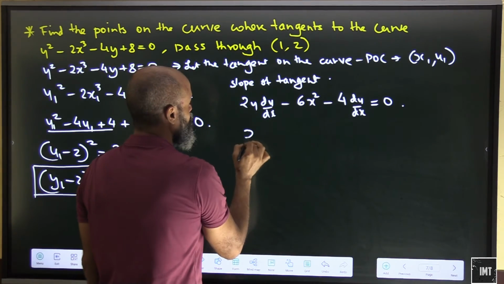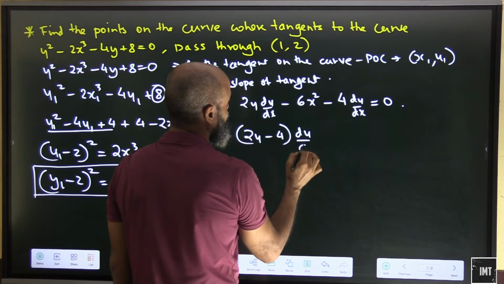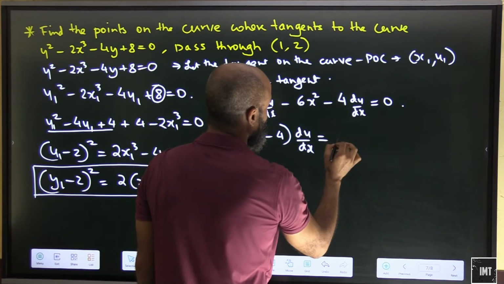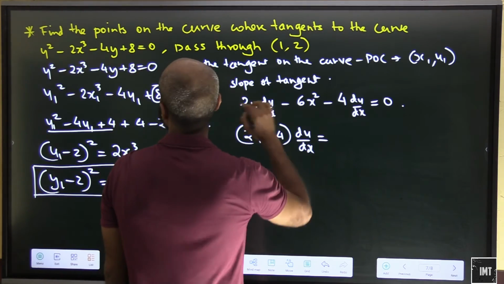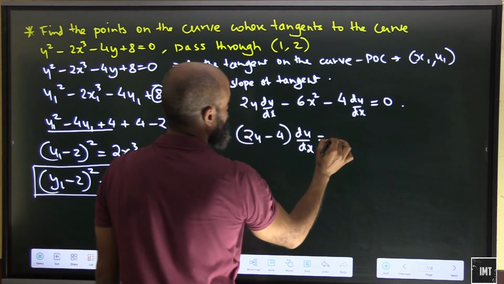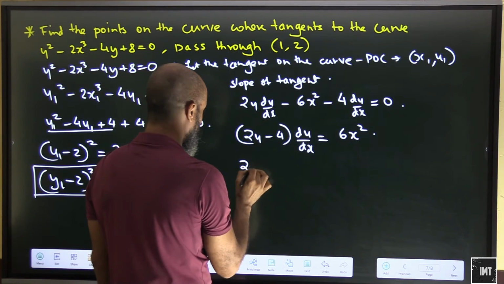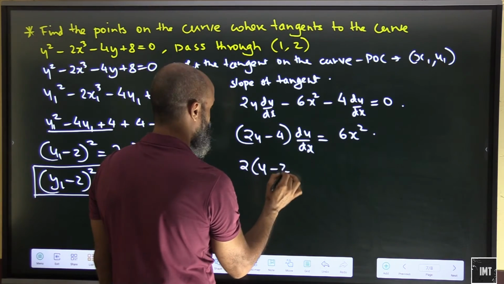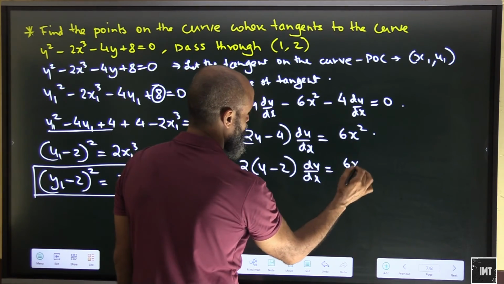So we can say 2y minus 4 dy by dx is equal to 6x square. So we have 2 into y minus 2 dy by dx is equal to 6x square.